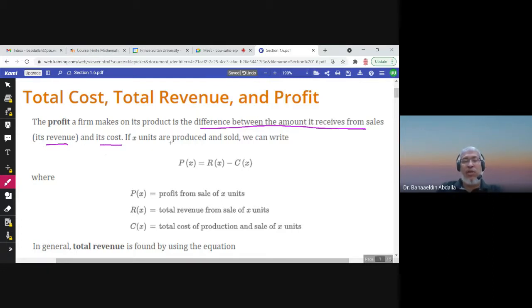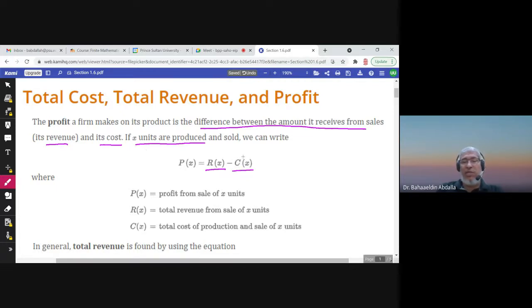So if the number of units produced is X, then the revenue would be a function of X. If you increase the number of units sold, the revenue will be more. And the cost also is a function of X, the number of units produced.